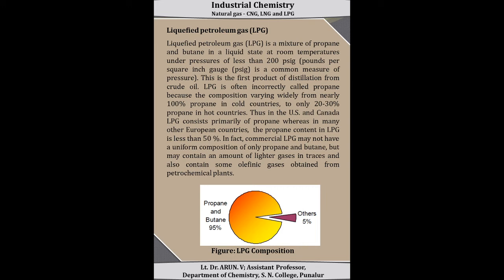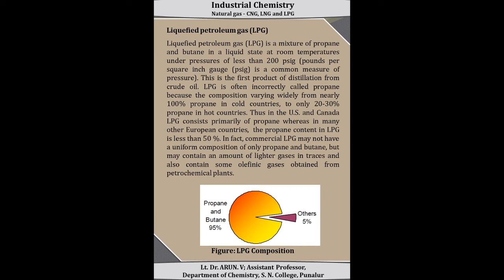In fact, commercial LPG may not have a uniform composition of only propane and butane, but it contains many other lighter gases in traces and also contains some olefinic gases which are obtained from petrochemical plants.